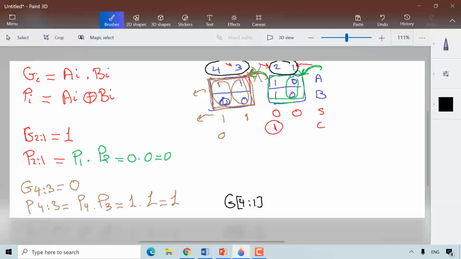Notice that I'm now merging these domains, from 4 to 1.